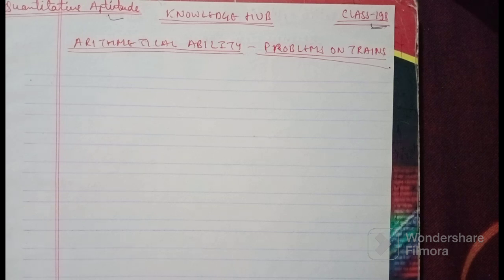So here we go. Now we had done 5 questions in the last classes. Here is the 6th question: two trains 137 meter and 163 meter in length are running towards each other on parallel lines, one at the rate of 42 km per hour and the other at 48 km per hour.